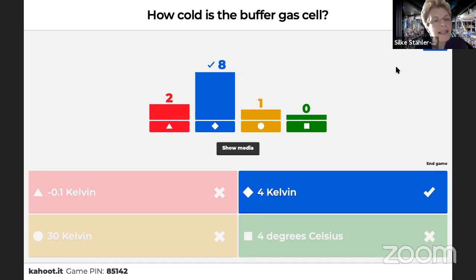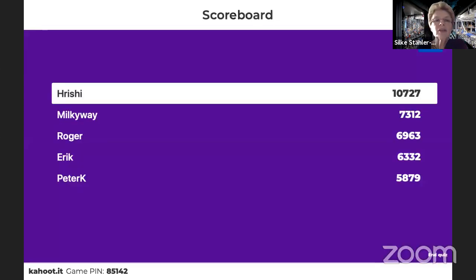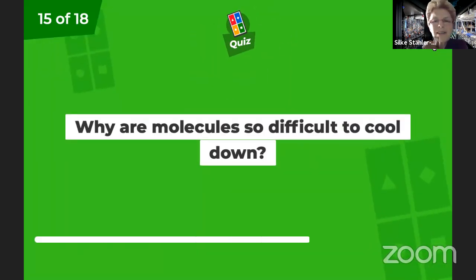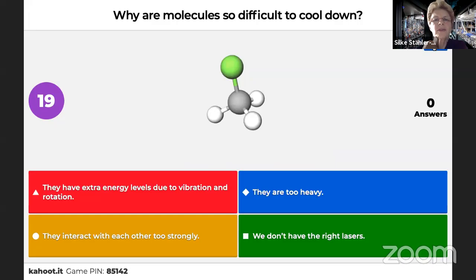The minus 0.1 Kelvin were not in her lab, and today I learned that there are negative temperatures. So here the right answer was 4 Kelvin. Let's have a look at the ranking. Okay, the first 3 places are the same. Let's continue with question 15. Why are molecules so difficult to cool down?